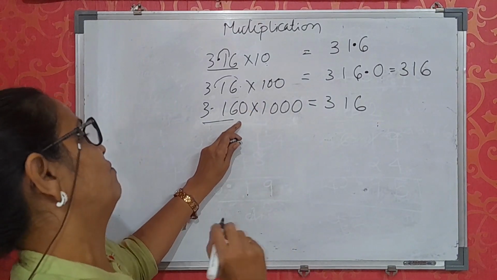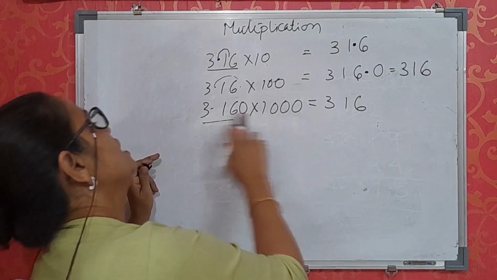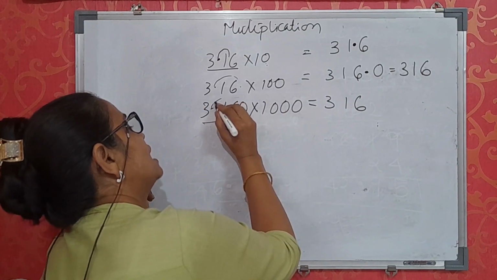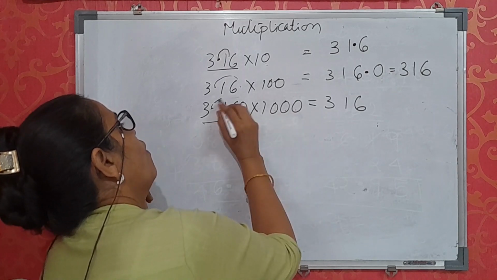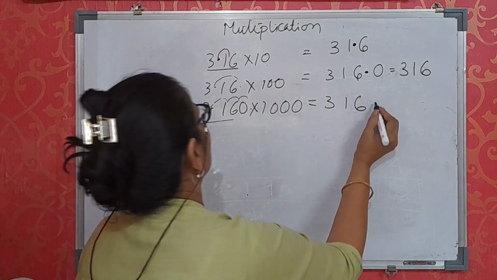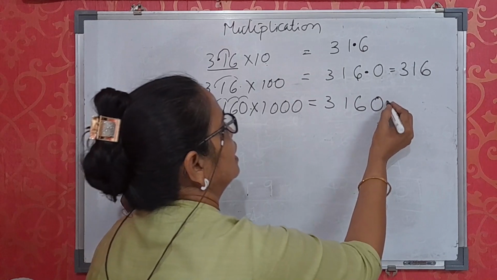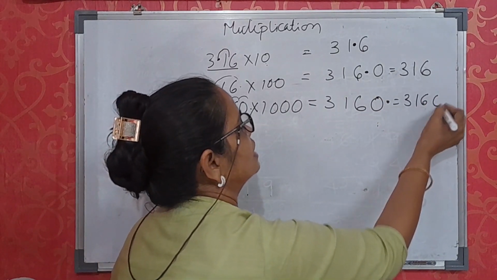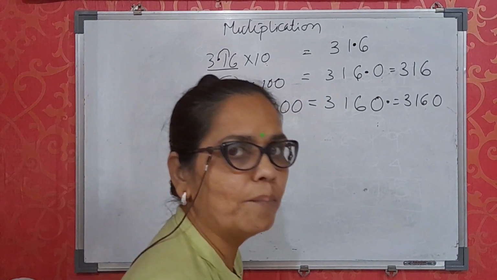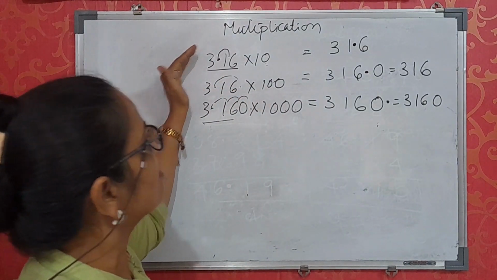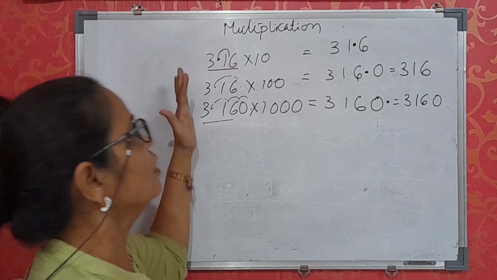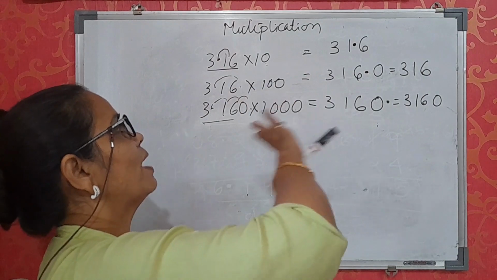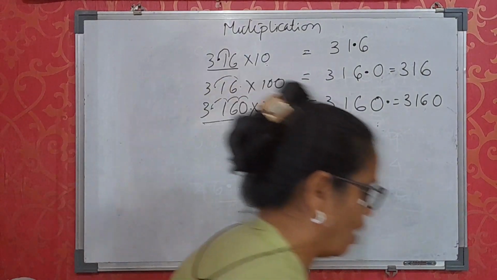Now you have to shift your decimal point 3 places, that is 1, 2, 3. So your decimal point will be coming here. So this you can write 3160 as a whole number. So this simple way you can solve your multiplication of decimal numbers, multiply by 10, 100 and 1000.